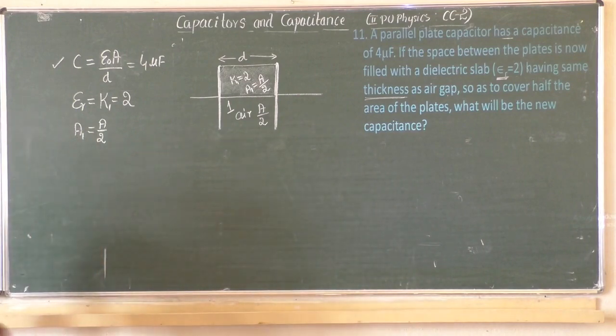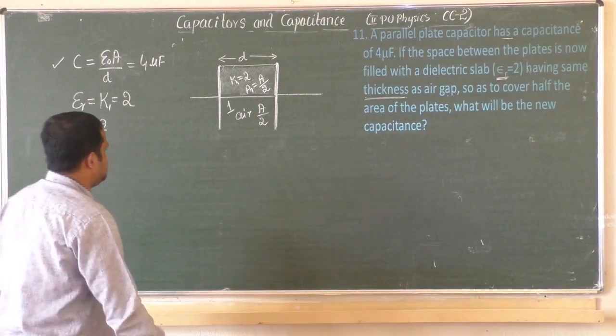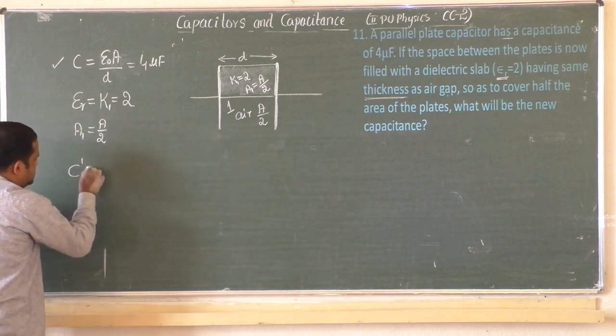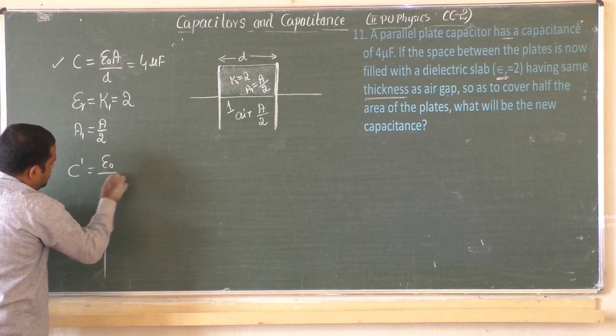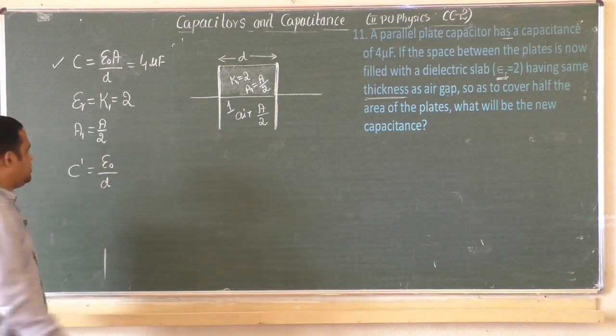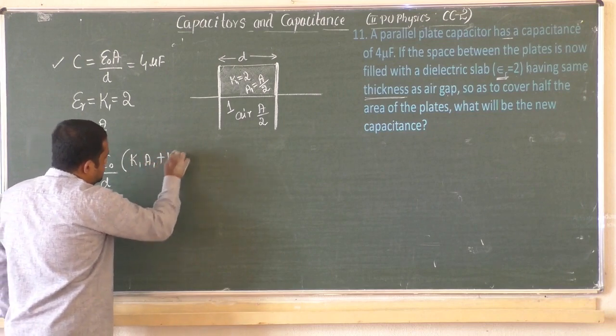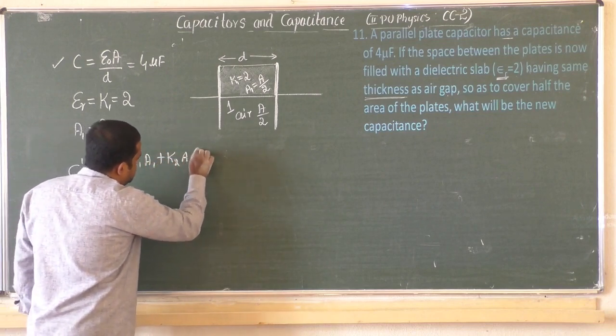Now what is the new capacitance? That is the question. For this you have to use C dash is equal to epsilon naught divided by D into K1A1 plus K2A2 plus etc. formula.